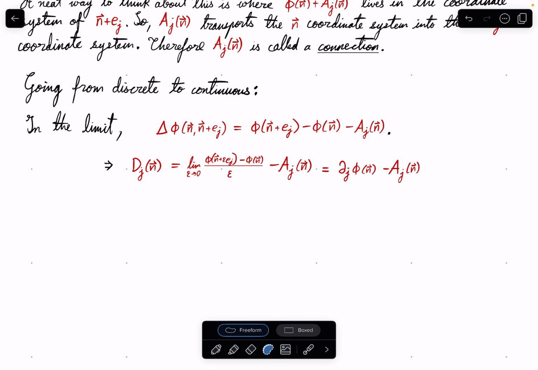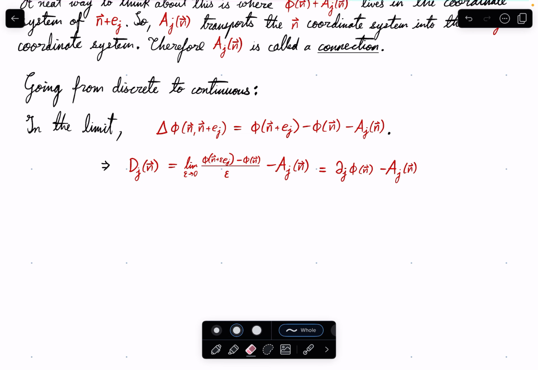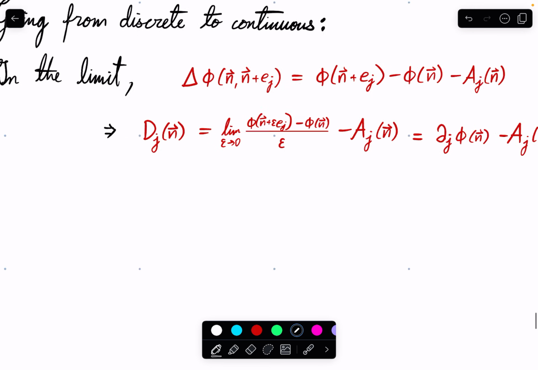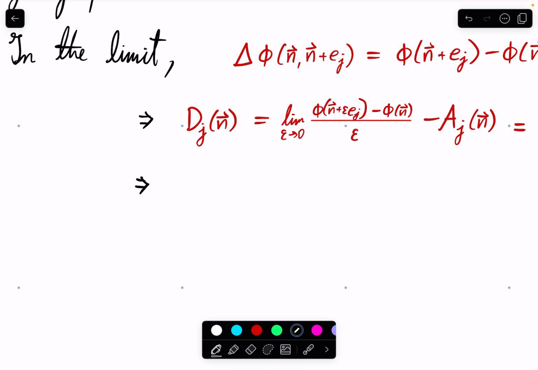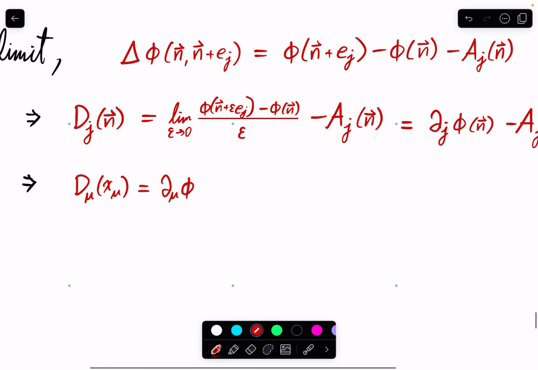So this implies this, and if we move back to 1 plus 3 dimensions of spacetime, d mu for a position x mu is the derivative mu of phi, then minus a mu x mu.